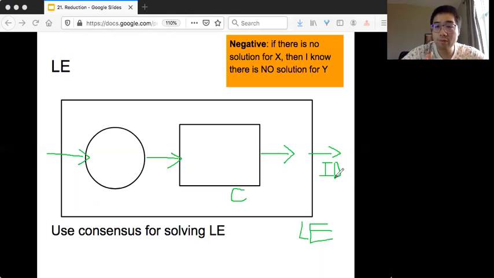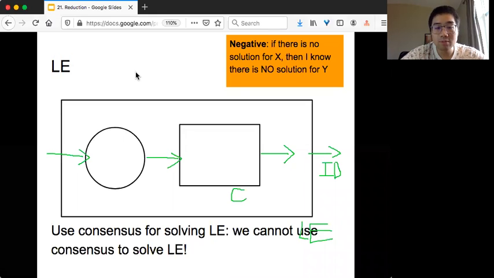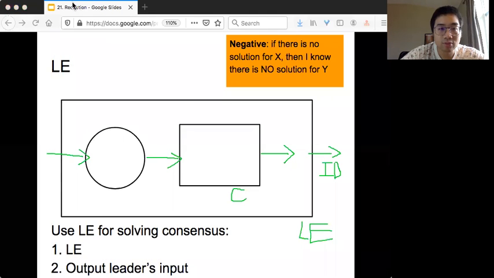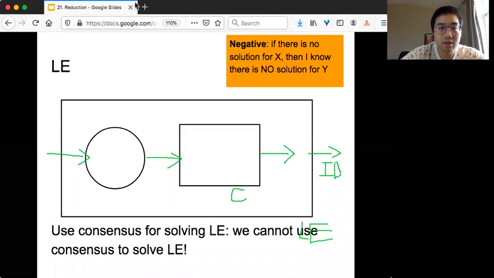But what is the implication? And where can we apply FLP? Sorry, I should go to the previous slide here.